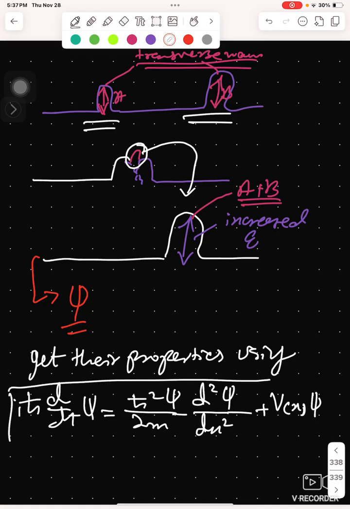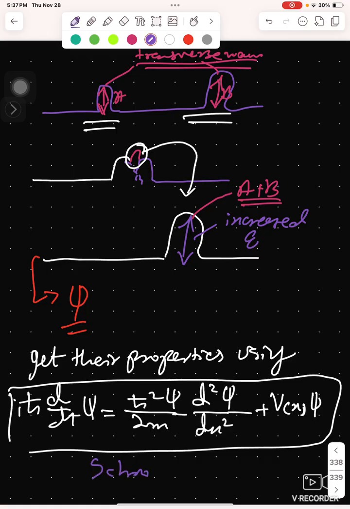This is the Schrödinger equation, which can be used to get the properties.